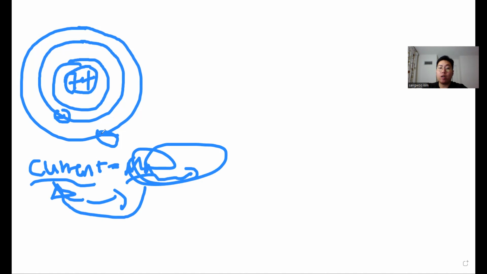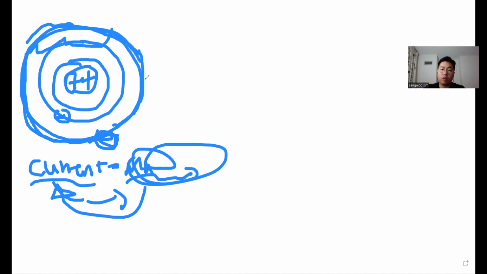As you know, the electrons do a revolution around the atom, on the orbit. And the electron itself also spins.